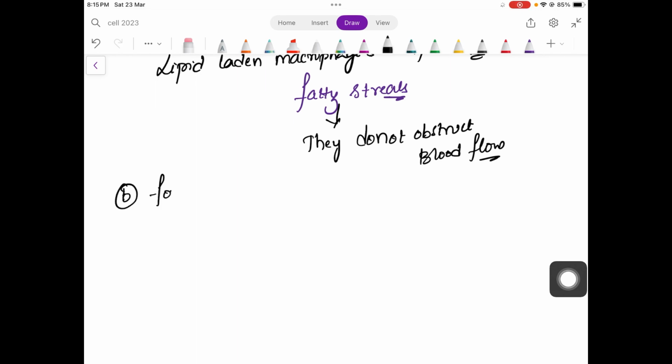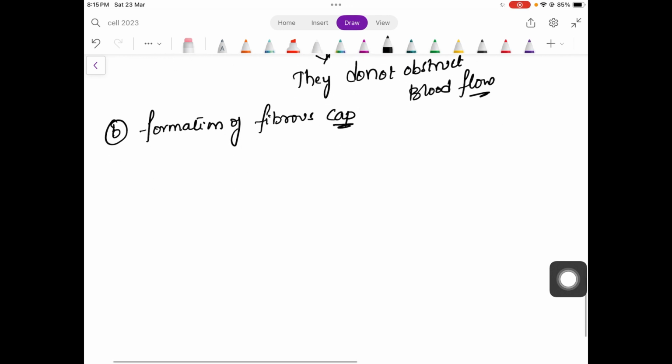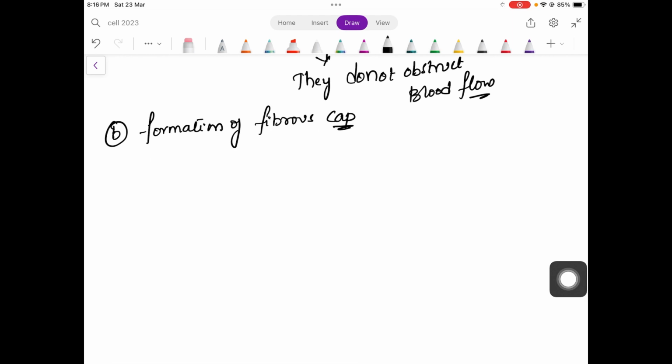that is formation of fibrous cap. Now this endothelium is there, and we'll see the further process of how the fibrous cap is formed. So we have foam cells.